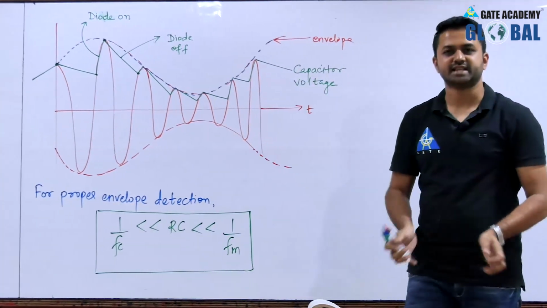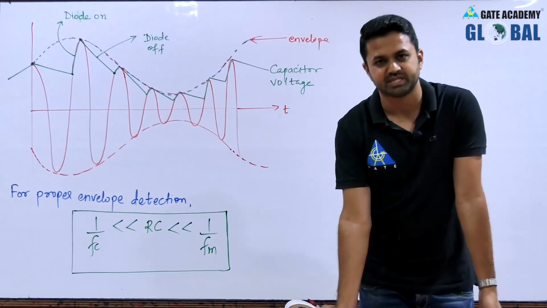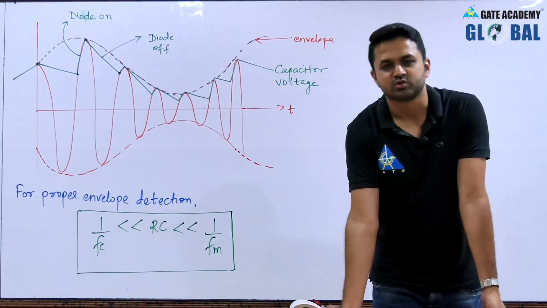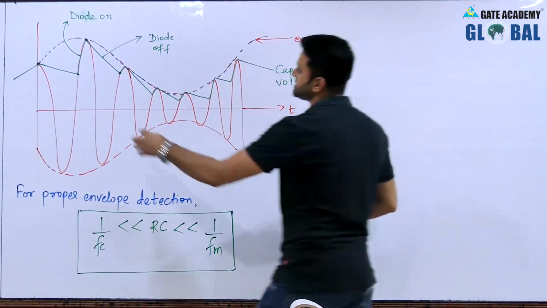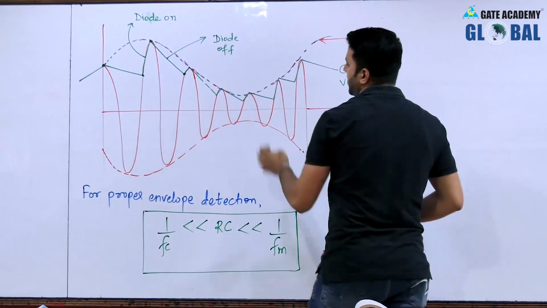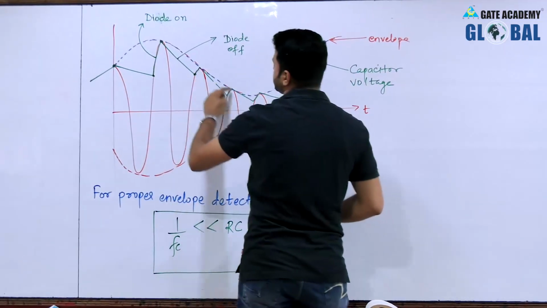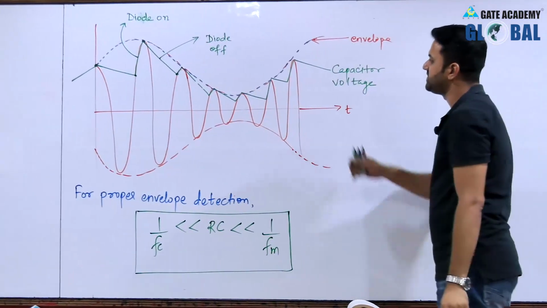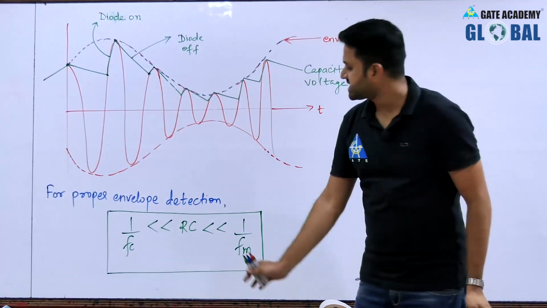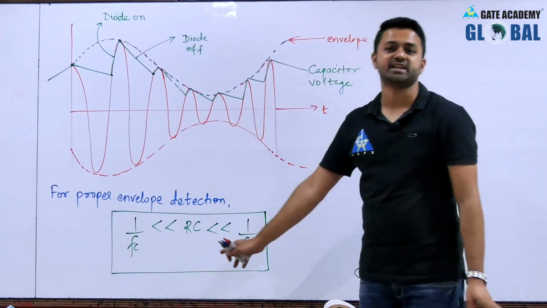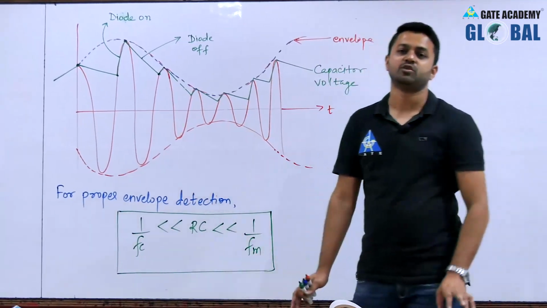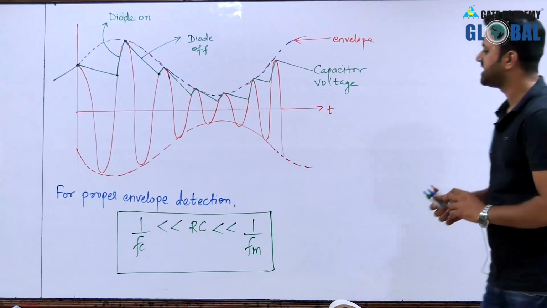Only when this condition is satisfied does the capacitor voltage follow the envelope of the input signal. The envelope, drawn here by the dotted lines, and the green capacitor voltage line will match very closely when this time constant condition is satisfied. What happens when this condition is not satisfied, we will discuss here.